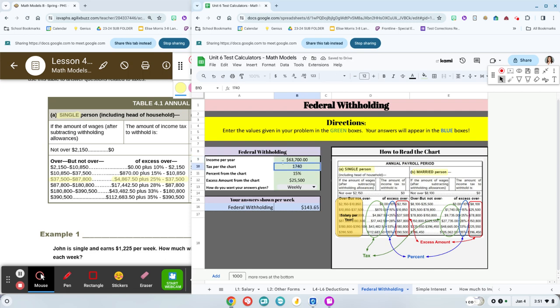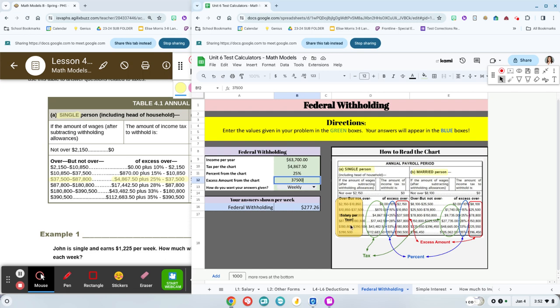The tax per chart is 4,867 and 50 cents. One really important thing, don't delete the percent sign or it'll mess it up. So we just want to keep the percent sign and put 25 next to it. And then we need to change this 25,000 to 37,500. That's the excess amount from the chart.